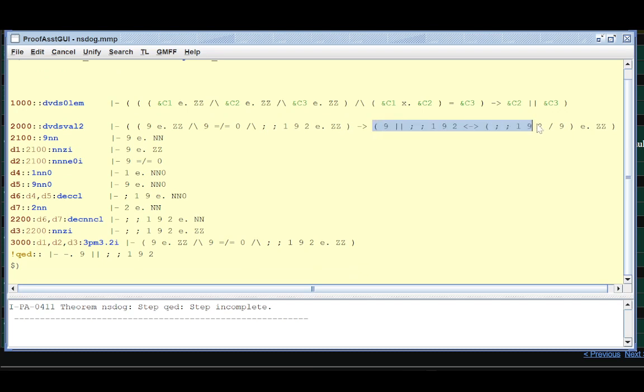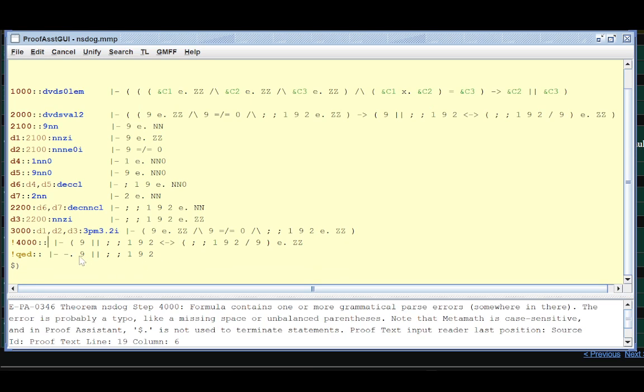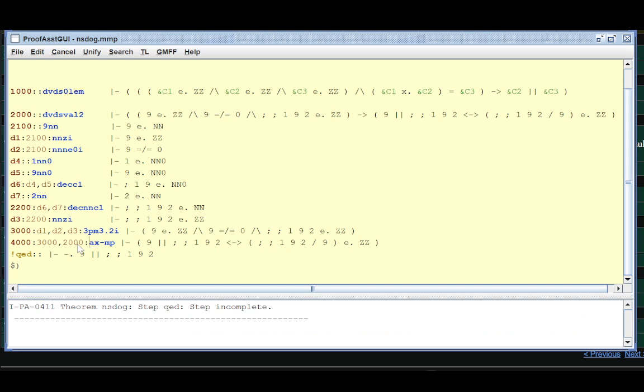And then we get this relation. One or more grammatical typos, hey? Okay, so maybe this double-headed implication needs its own brackets. It does. Awesome. Our friend axiom modus ponens making an appearance.